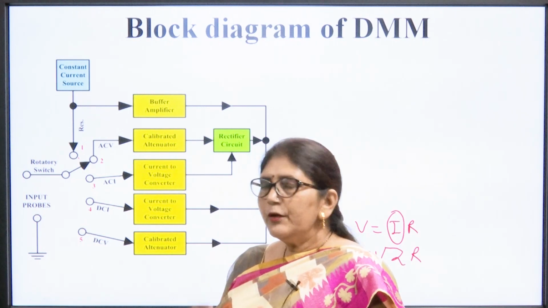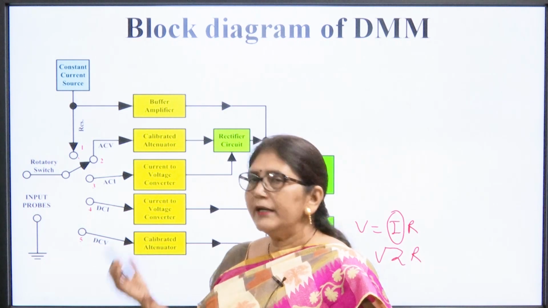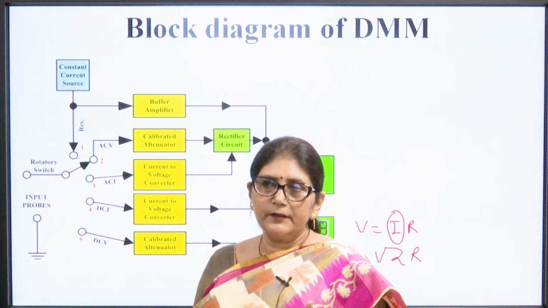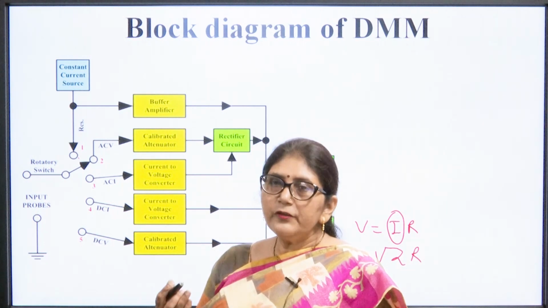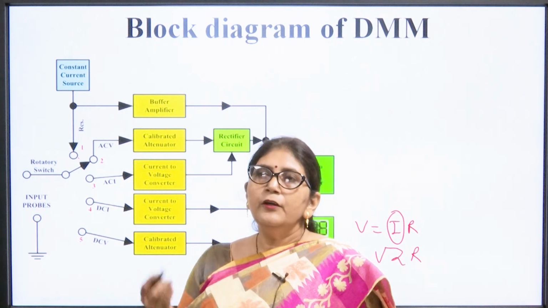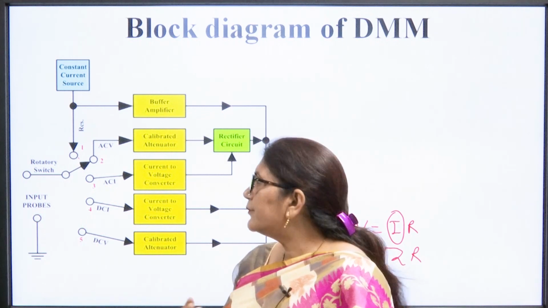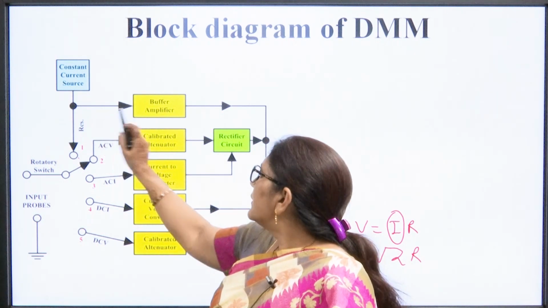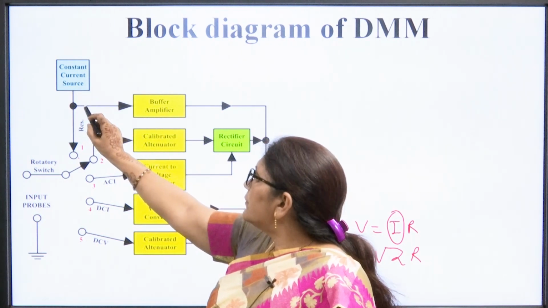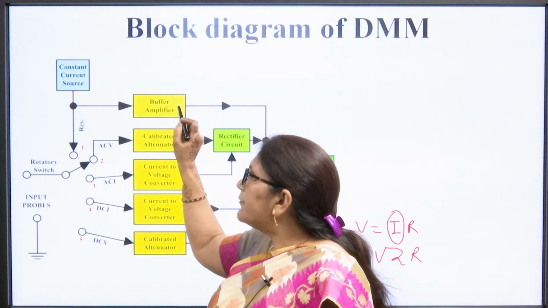If the signal amplitude is very weak, we need an amplifier circuit to amplify that signal, and if the signal amplitude is very high, we need an attenuator to clip off the voltage, to reduce the voltage. The constant current source output is fed to the buffer amplifier.